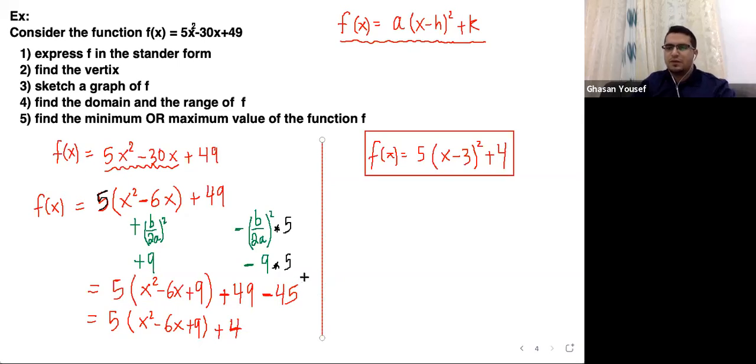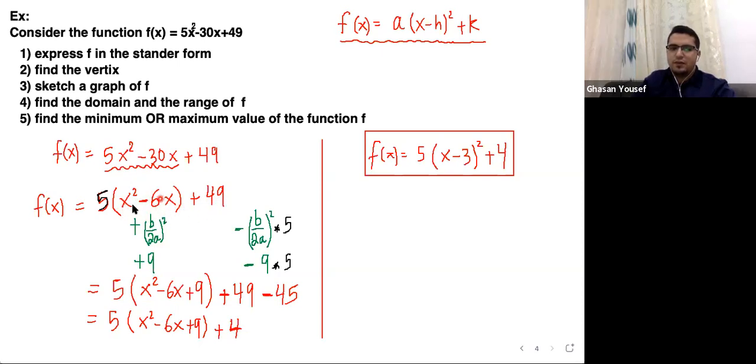Can you explain number 2 again? Which number 2 do you mean? Like here, Eric? Okay, so first of all, here I factor the 5 from the first two terms. So I get x squared minus 6x plus 49.